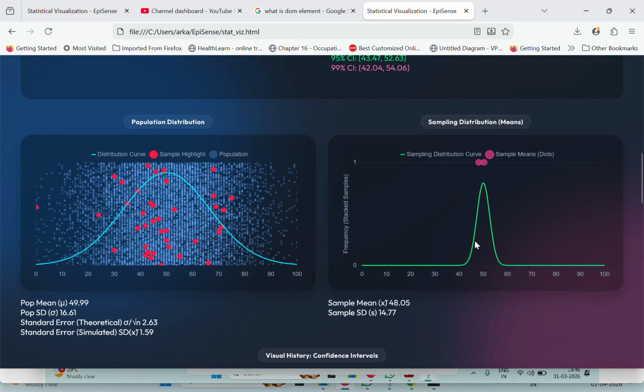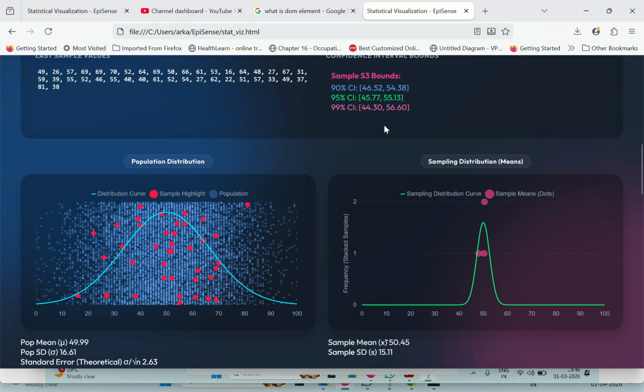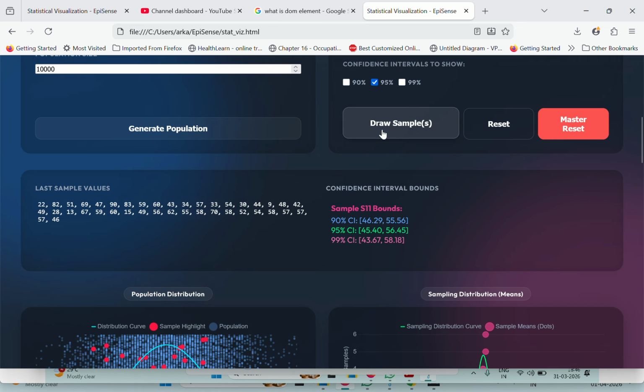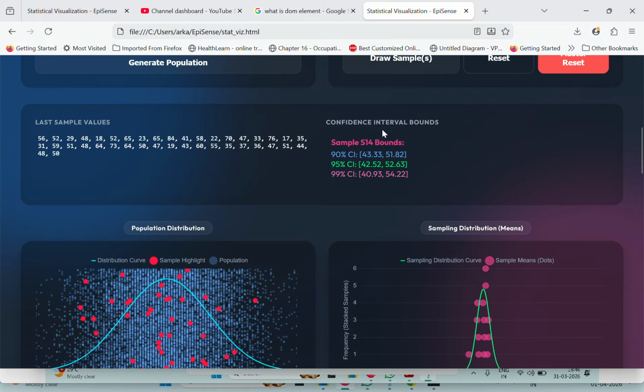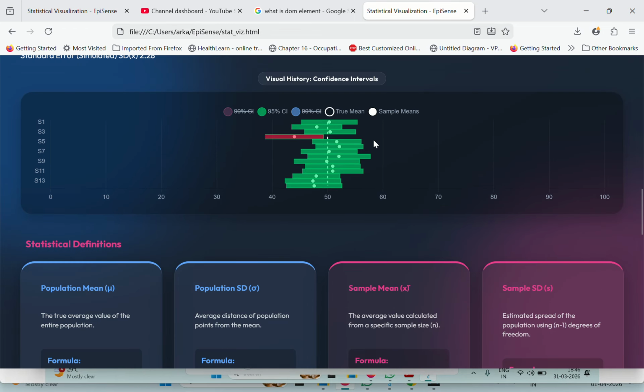So this is the value. This is the third sample, first, second, third. This is fourth, fifth. Based on that, I can draw multiple such samples. So let's try to draw such samples. The number of samples, how many, we can get it here.